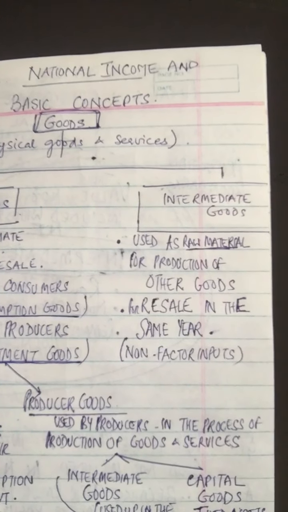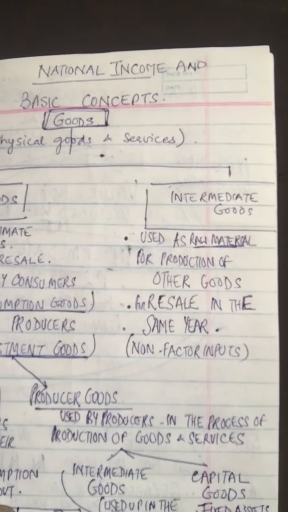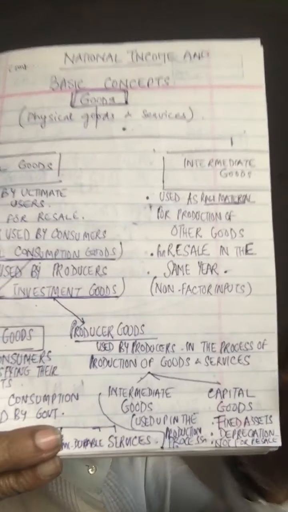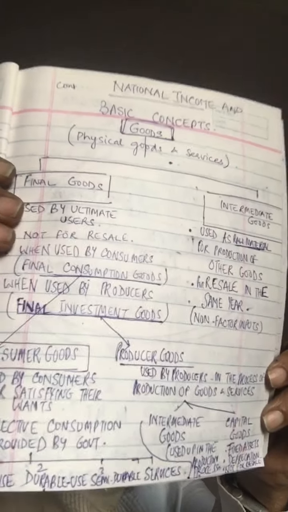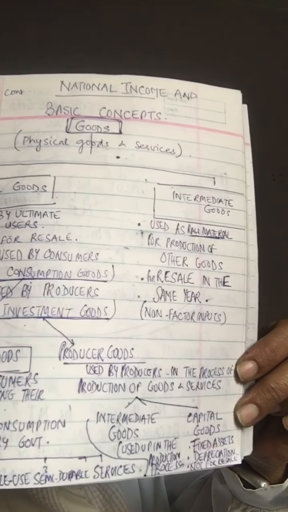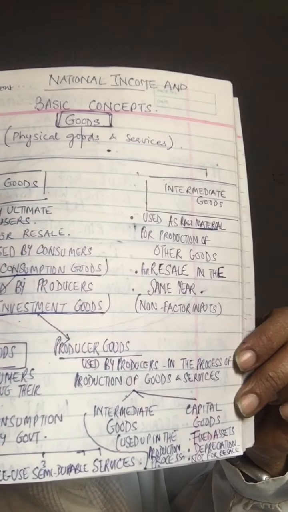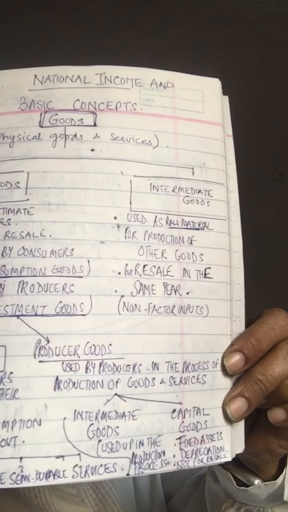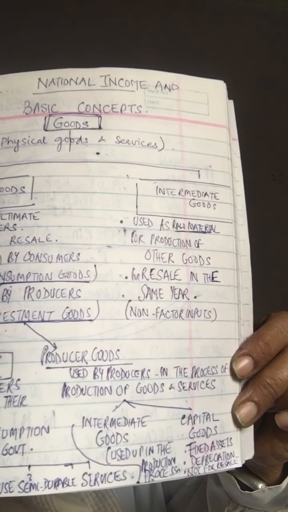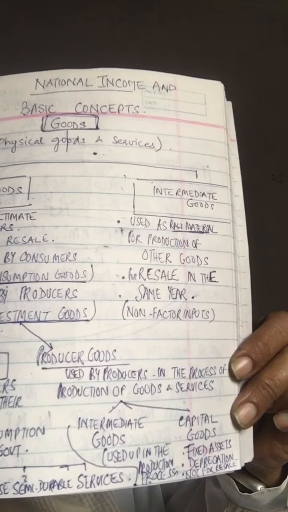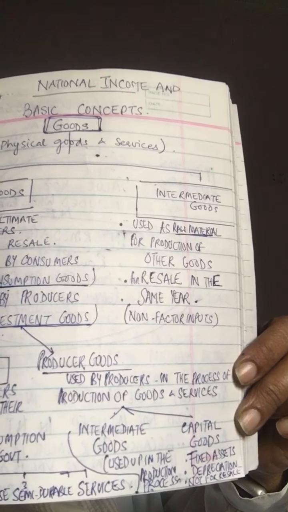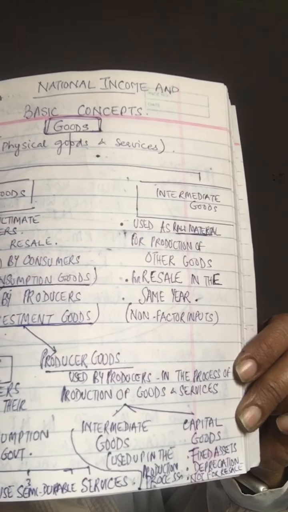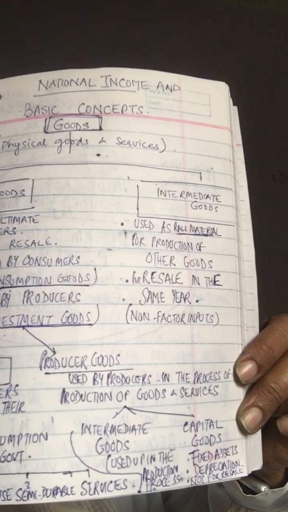These are also known as non-factor inputs. The value of these inputs gets merged into the commodity for which they are used. So intermediate goods are not ready for use by their ultimate users.